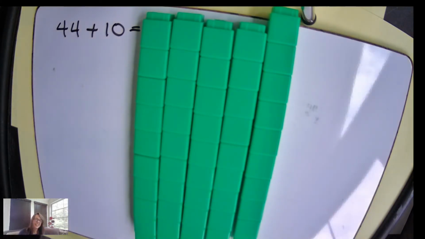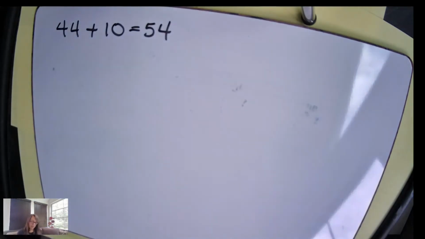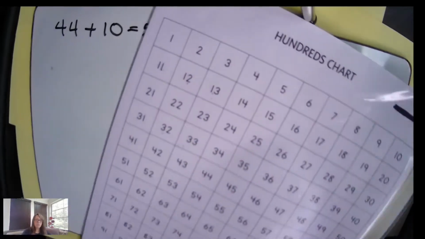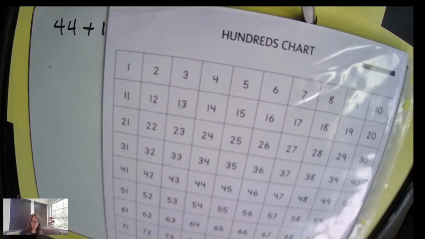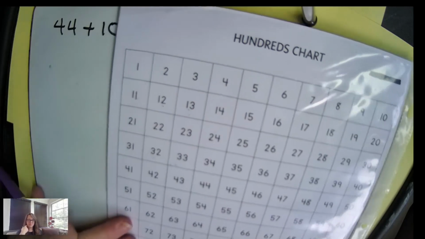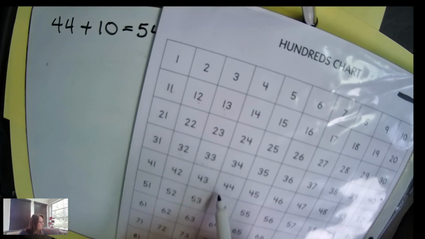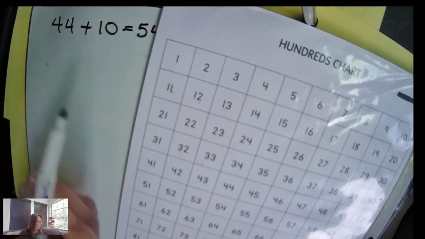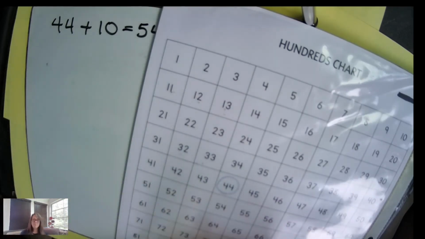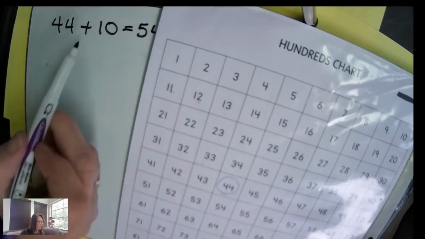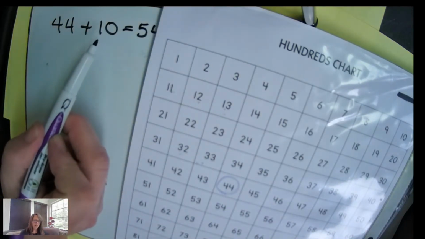Okay. Carlos, can you share with us how you were thinking about it? All right. Carlos says that he was using the hundreds chart. Tell us more. All right. He says on the hundreds chart, he looked at the number 44 and then added 10 more.